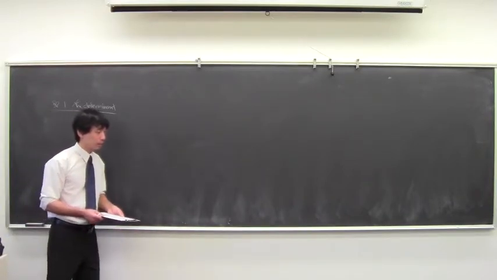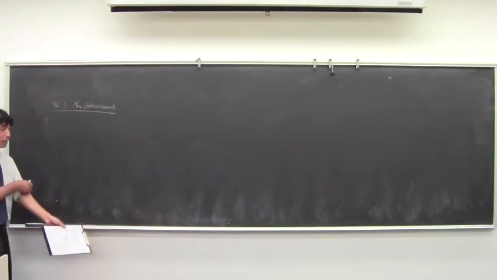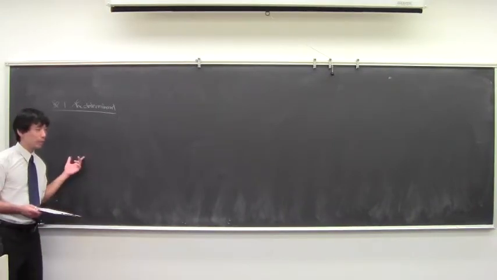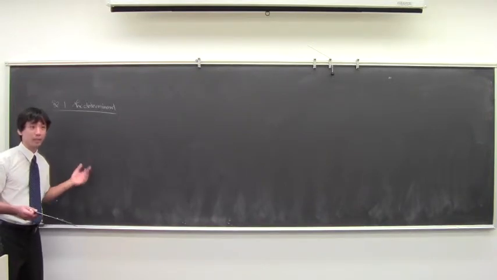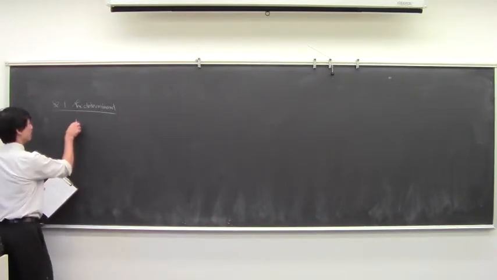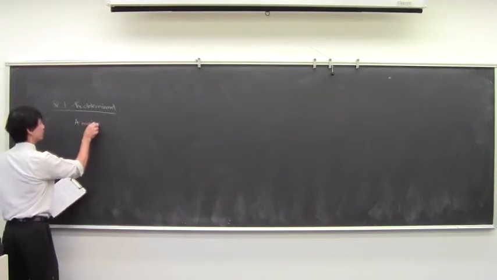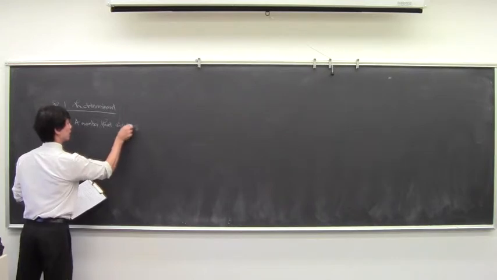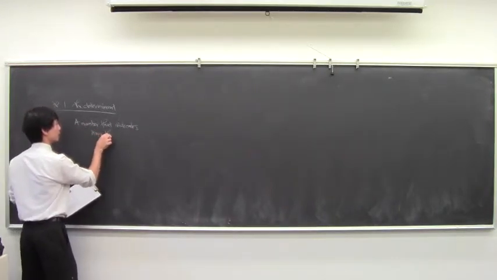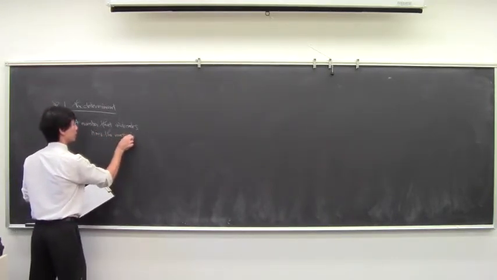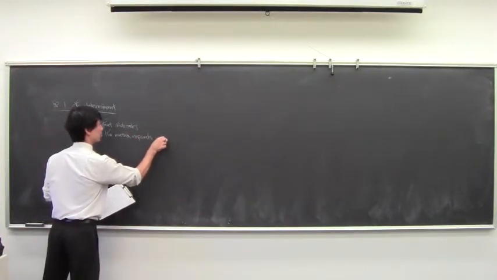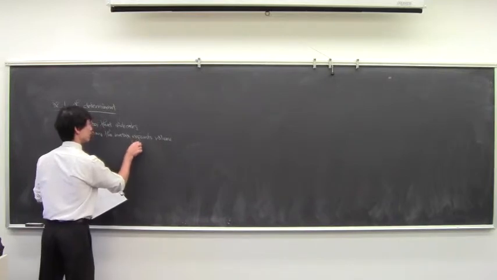Really, the way you want to think about the determinant is that it's a number that indicates how the matrix expands volume. That's actually a better way of thinking about it. A number that indicates how the matrix expands or compresses volume.